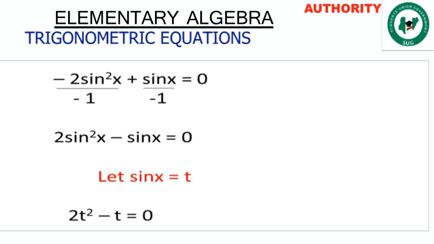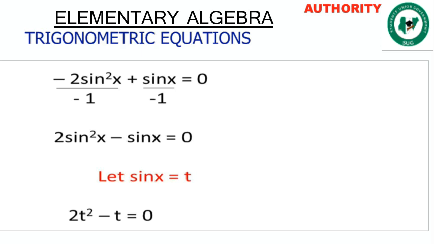Then the sine x divided by 1 will change to negative. At the end, we have 2 sin²x minus sine x is equal to 0. That is what we have after performing this operation.